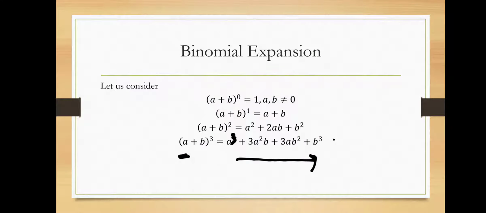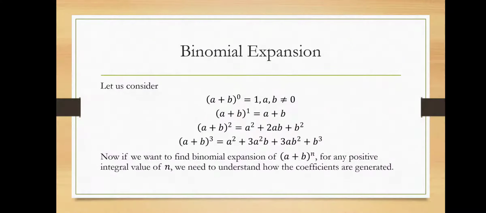So all these will be definitely based on how I get the coefficient, because once I know how I get the coefficient, that part is pretty simple to take care of, that the first term's power is diminishing and the second term's power is increasing.